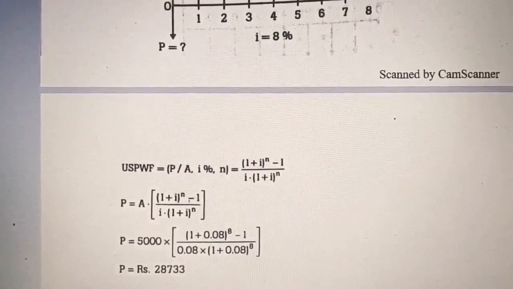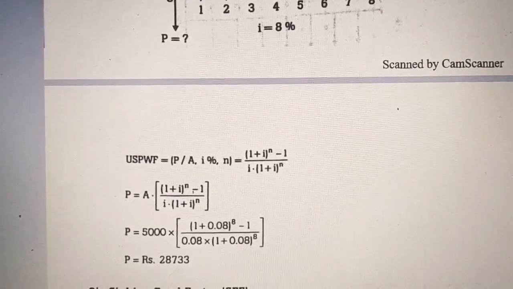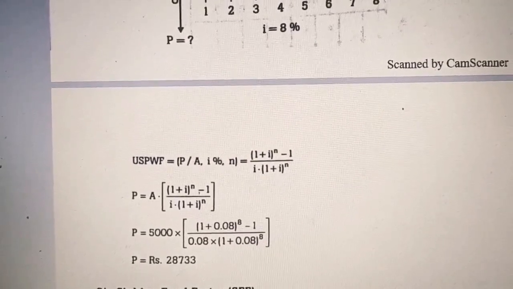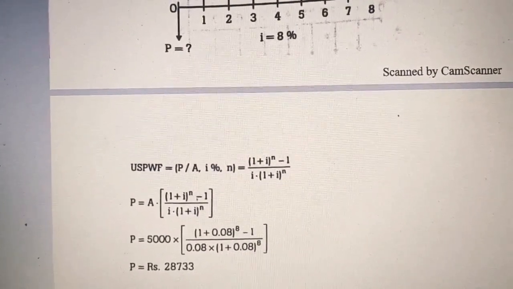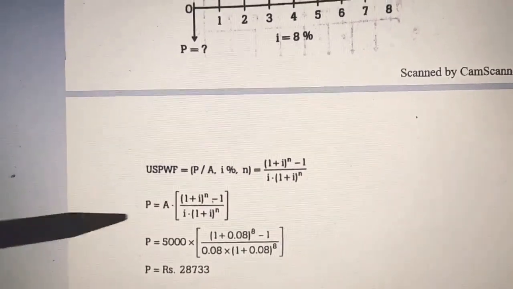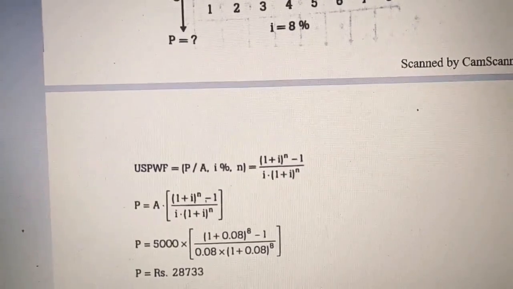And after that we know A. So what is A here? The 5,000 rupees, the withdrawal that the person wants to have per year. Correct?